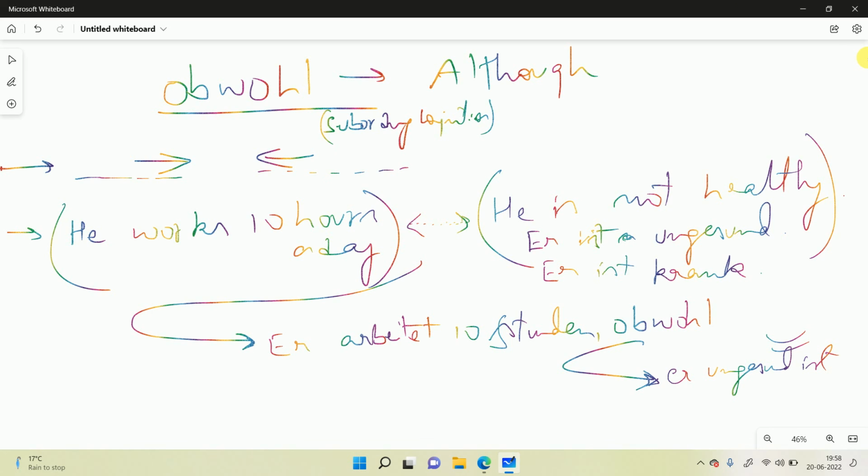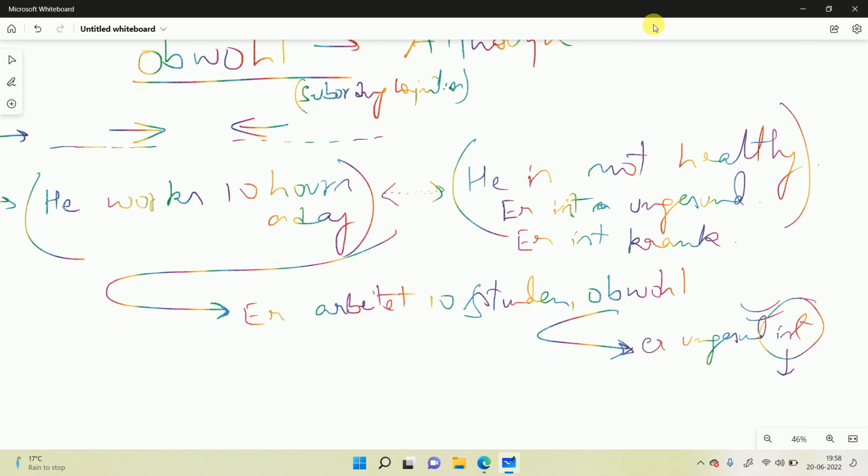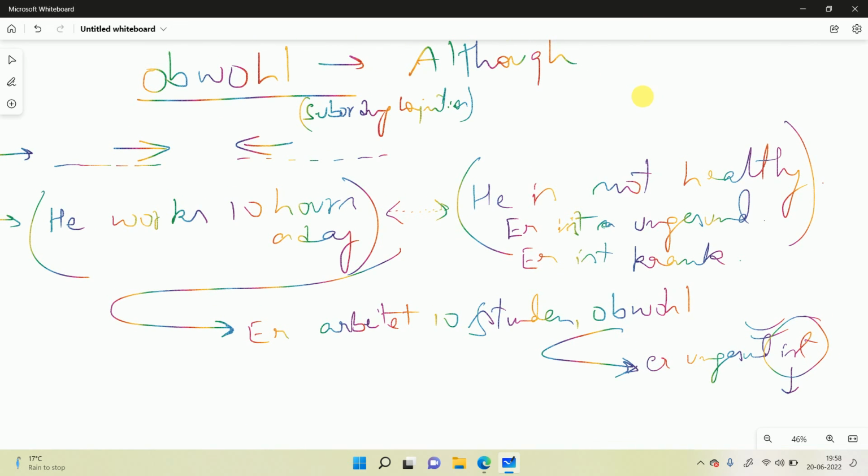So the same formula applies here also. That is, the verb is kicked out to the end, right? Likewise, as Ishita rightly said, we can put it the other way also. Although he is not healthy, he still works 10 hours a day, for example. So here also, it can be made like that as well.